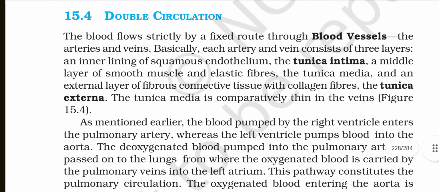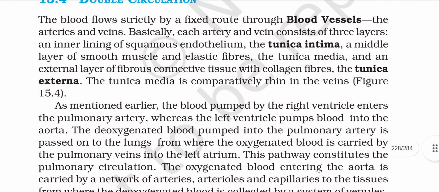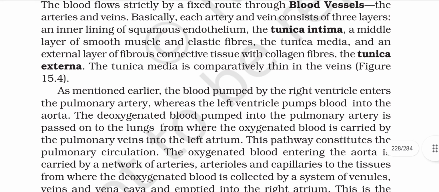Double circulation. The blood flows strictly by a fixed route called the blood vessels, the arteries and the veins.